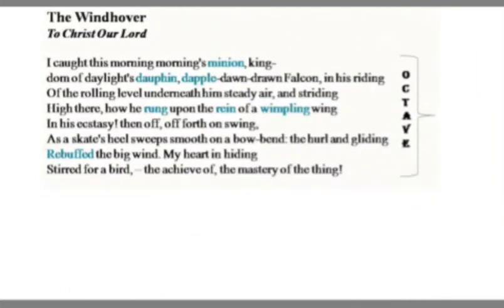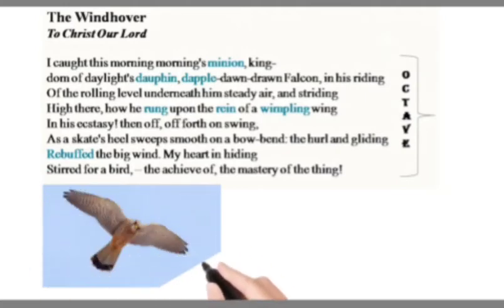So now let's discuss the first 8 lines of the poem. The poem begins with the poet watching a kestrel flying high in the air. The poet is watching a bird flying high in the air, and he calls the bird the morning's minion.